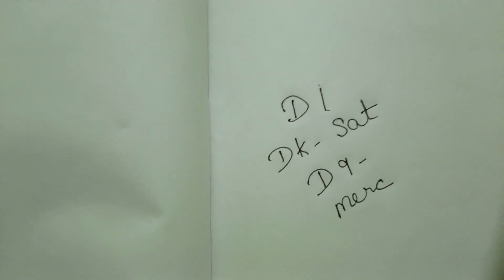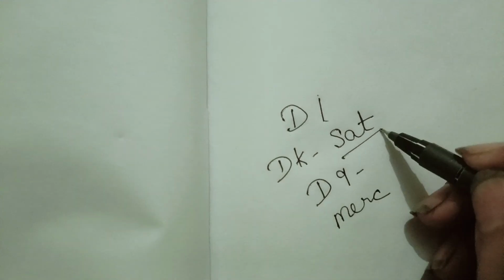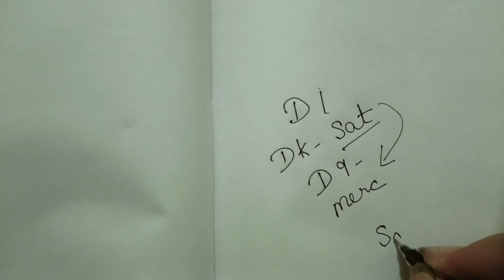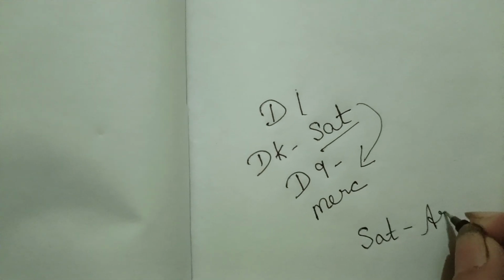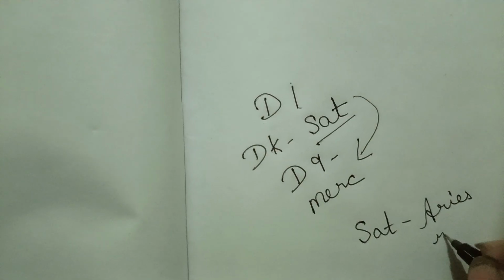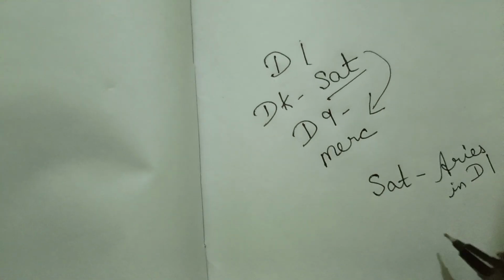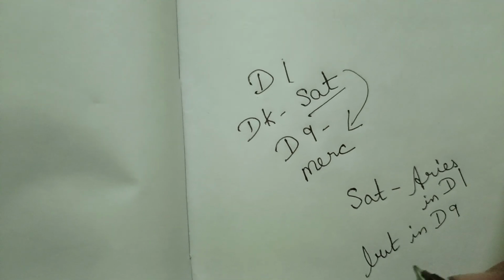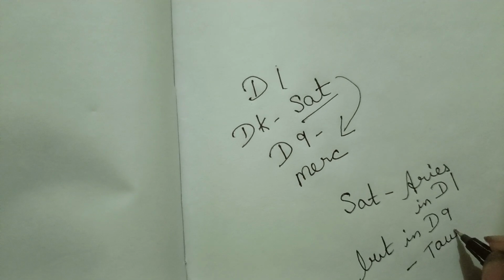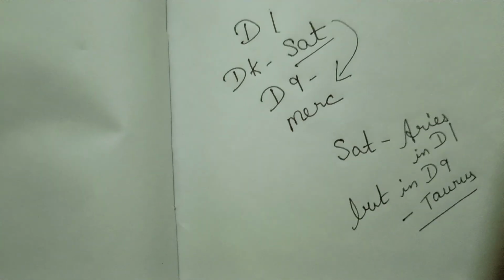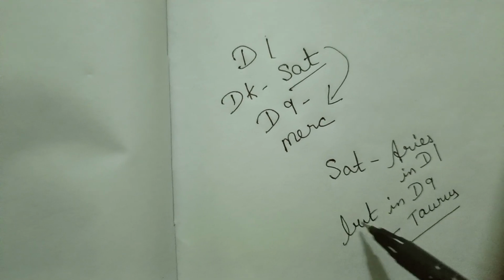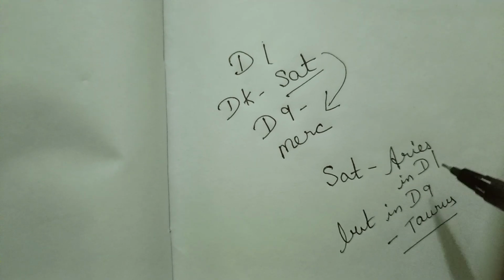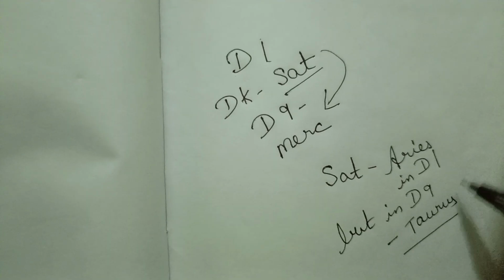From the degrees of the D9, you have to check the placement of Saturn in D9 also, like Saturn in Aries in D1, but in D9 in Taurus. So you have to check what result Saturn in Aries in D1 gives and what result Saturn in Taurus in D9 will give.